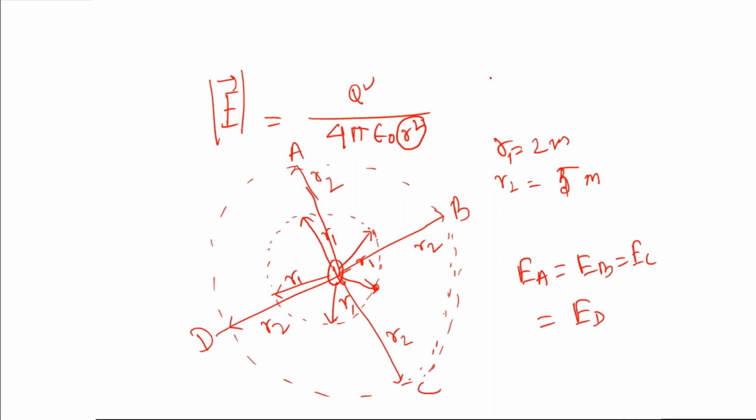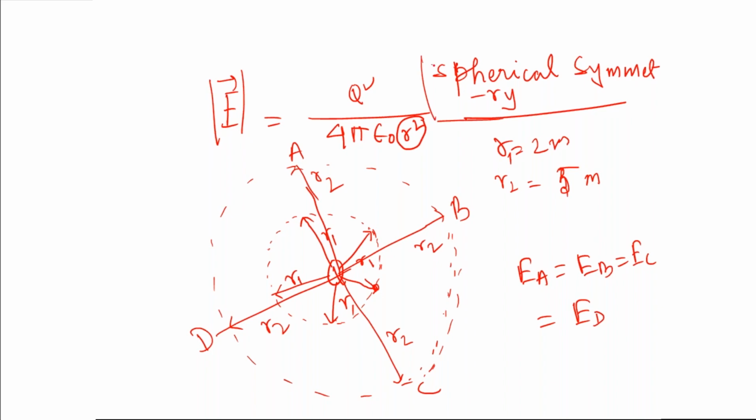So from here I can tell you that electric field has spherical symmetry. What is that? That means on the surface of the sphere, electric field is the same everywhere. This is called spherical symmetry. If you keep a point charge capital Q at the center of a sphere, the electric field created by this particular charge will be the same at every point on the surface of the sphere.